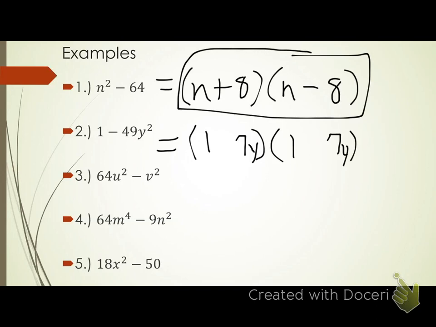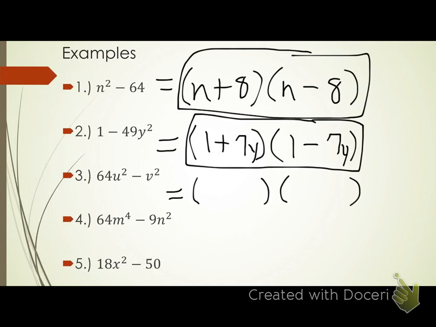If I do 7y times 7y, I'll get back 49y squared. Everyone got that? And then one's a plus, one's a minus. There's my answer. We good with that? Questions on it? Okay, number 3.